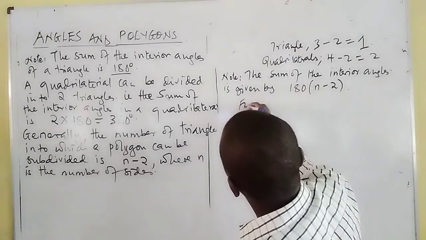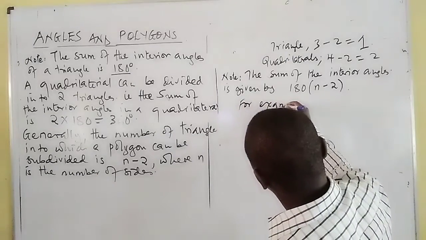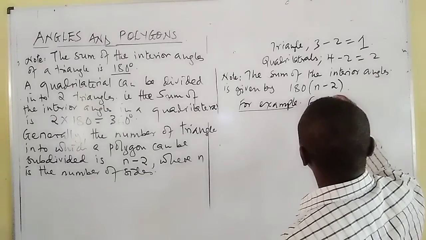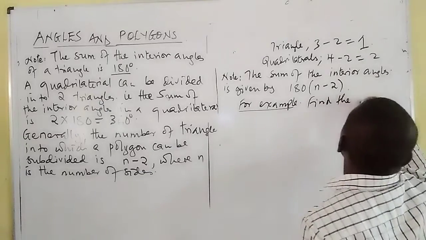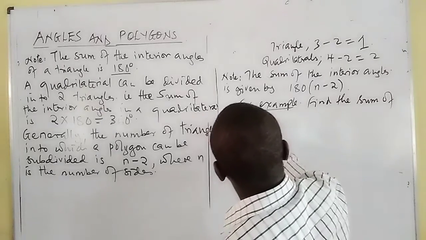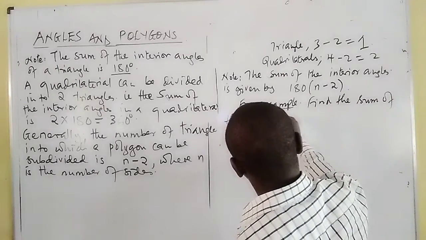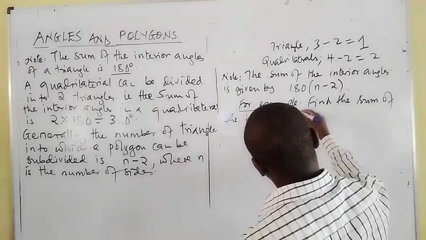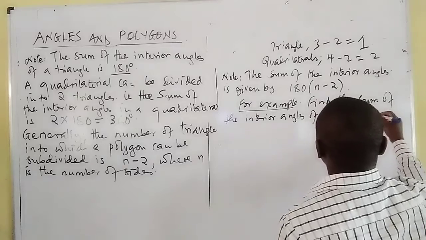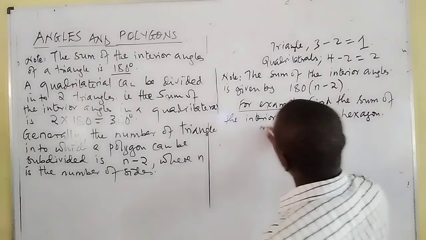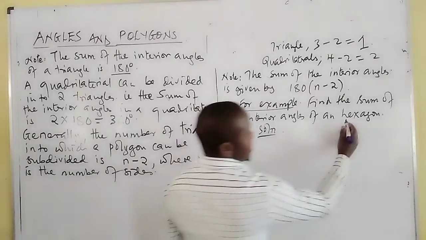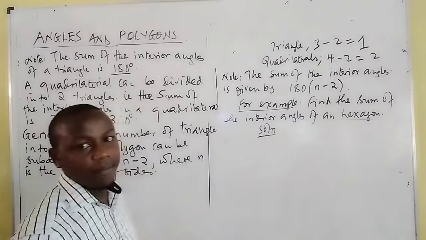For example, find the sum of the interior angles of a hexagon. First of all, you should know that a hexagon is a 6-sided figure.